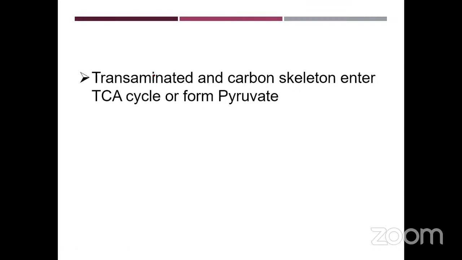Then when the glucose supply is short, amino acids like alanine can be transaminated to form pyruvate, and aspartate can be transaminated to form oxaloacetate. The enzyme for alanine is alanine aminotransferase. That oxaloacetate is an intermediate of the TCA cycle.